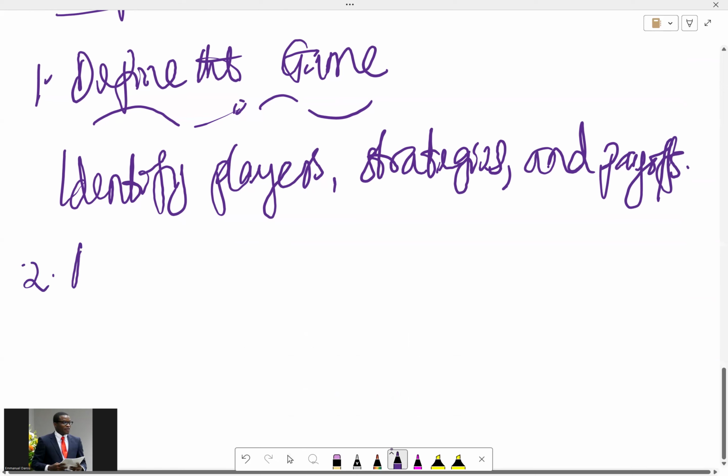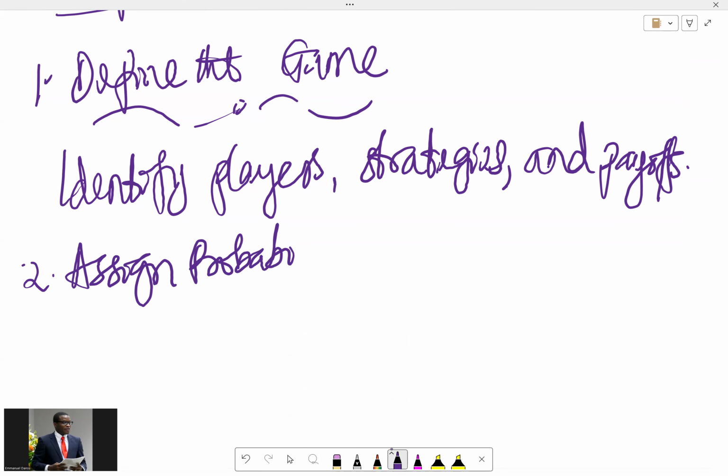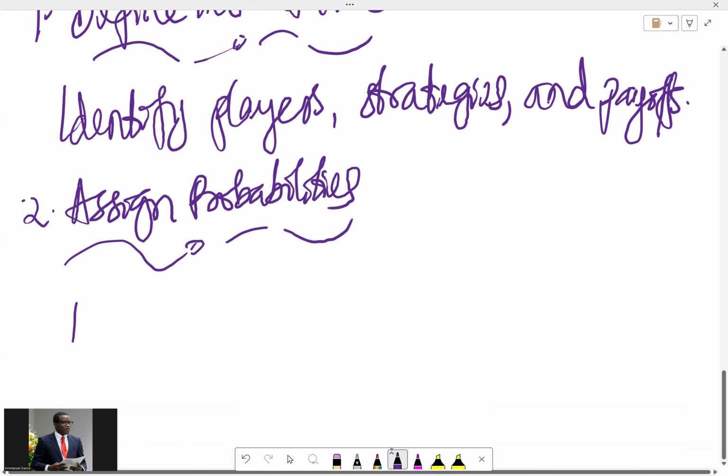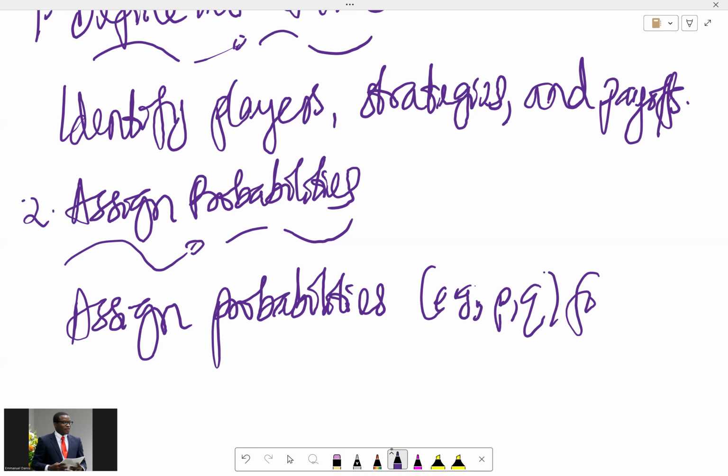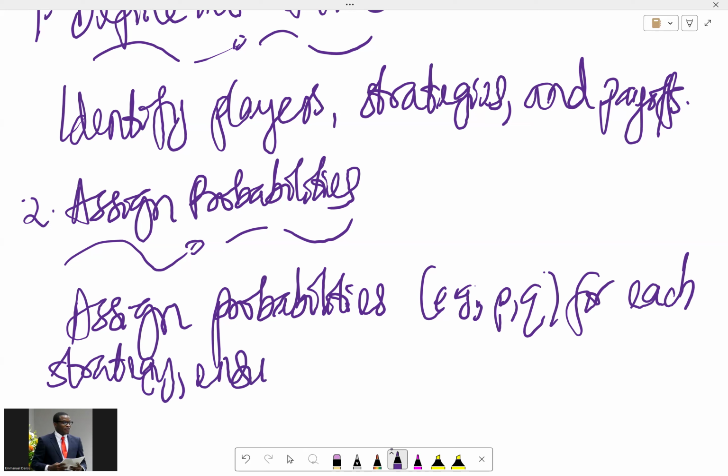The second thing is to assign probabilities. You can have, for example, p and q for each strategy, ensuring they sum to 1.